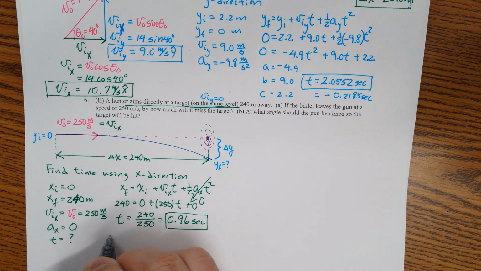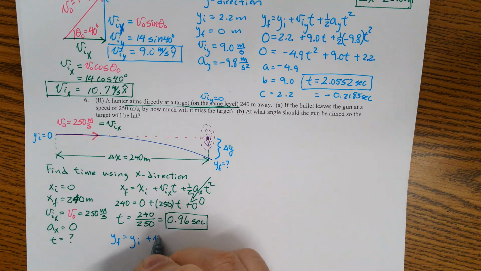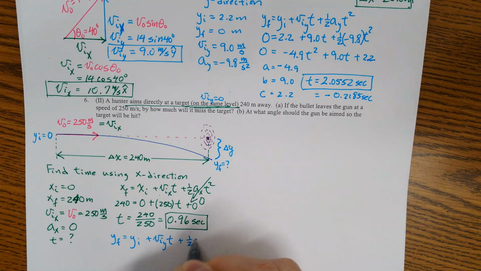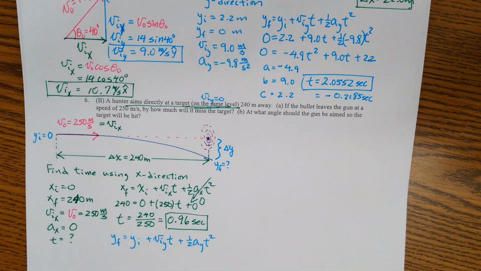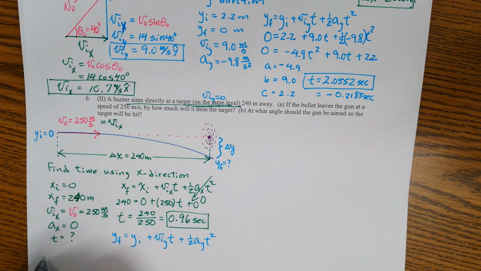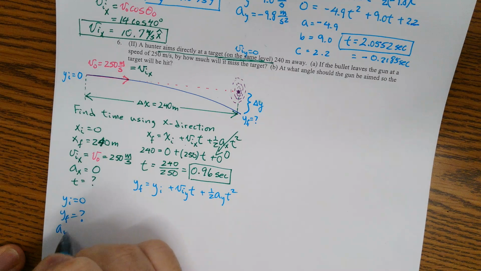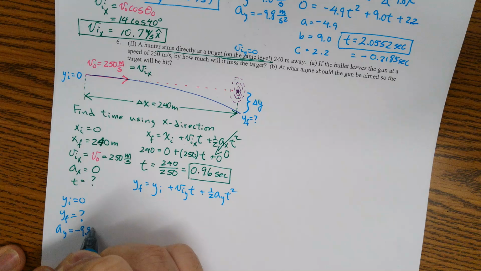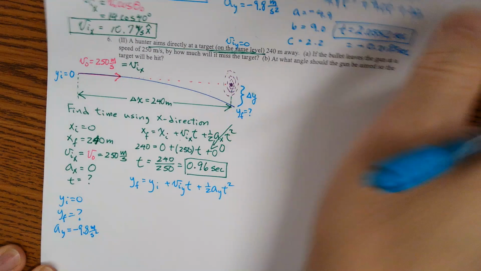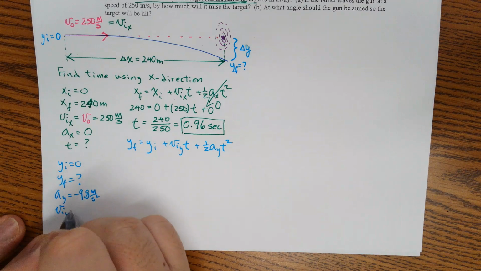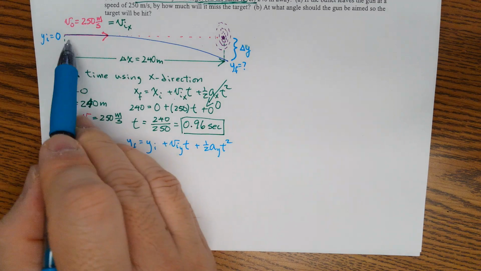So we can say then, y final is equal to y initial plus v_iy t plus 1/2 a sub y t squared. We already said y initial is 0. We said y final, we don't know. We know a sub y is equal to negative 9.8 meters per second squared. And v sub iy is 0 because it was shot horizontally.